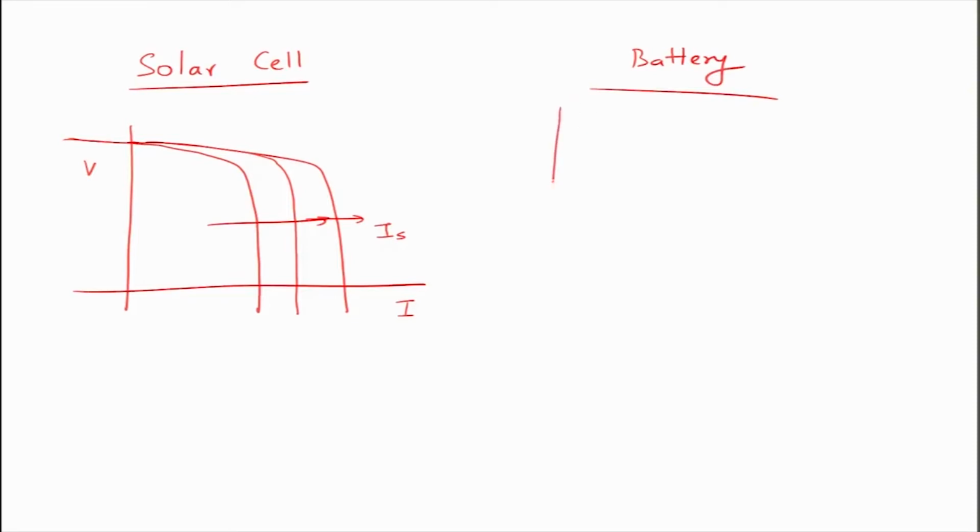Whereas a battery gives you an EMF. If you plot V versus I for a battery, the battery IV curve is something like this, and of course there is no change with light.